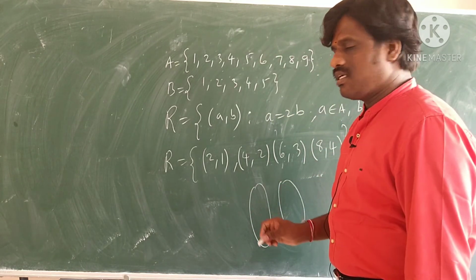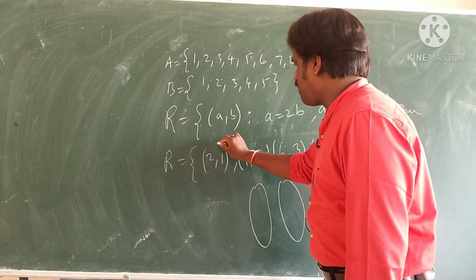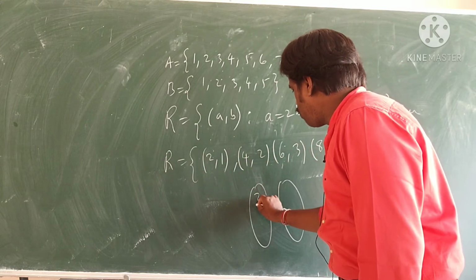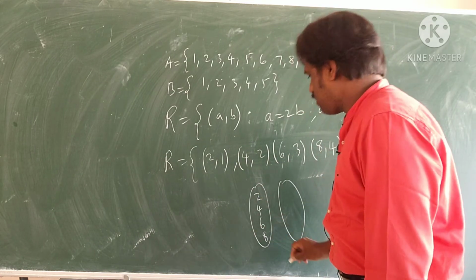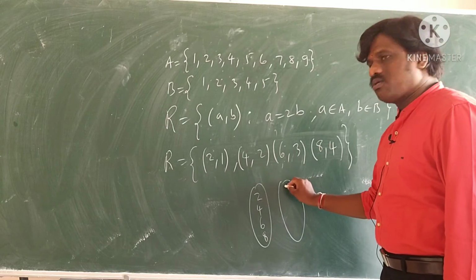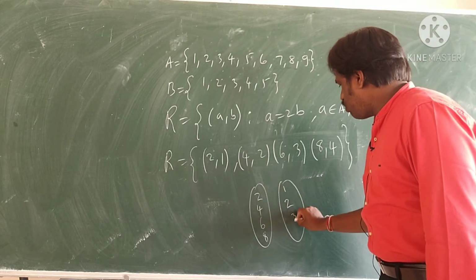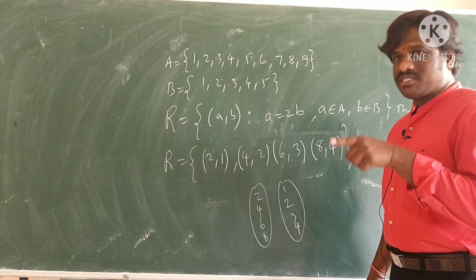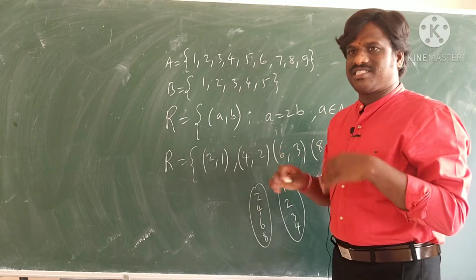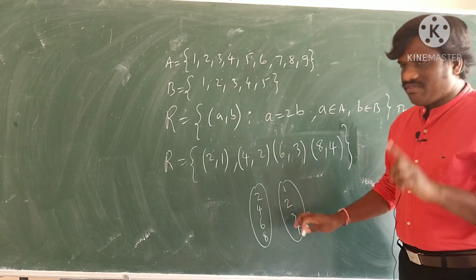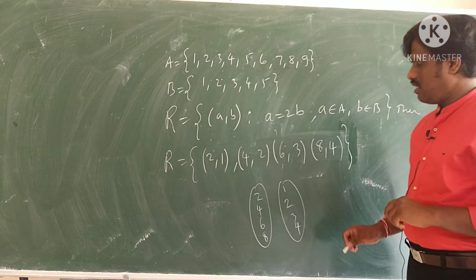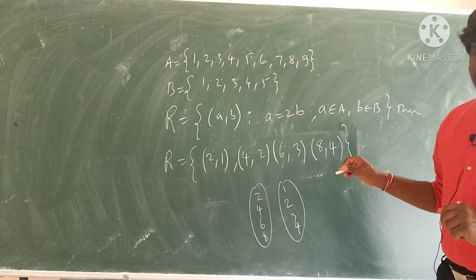In this relation, what is there in the first coordinates? 2, 4, 6, 8. And in the second coordinates? 1, 2, 3, 4. Sometimes you get 1, 1, 1 in some relations, so you write 1 only once.